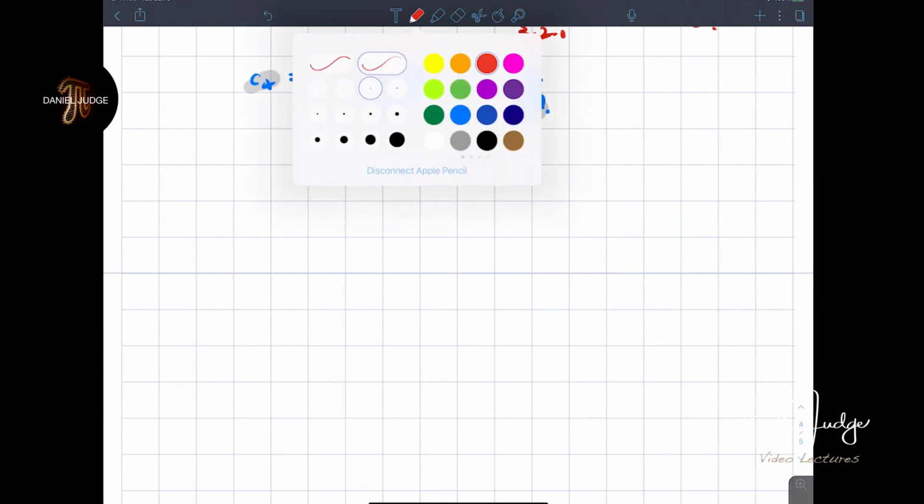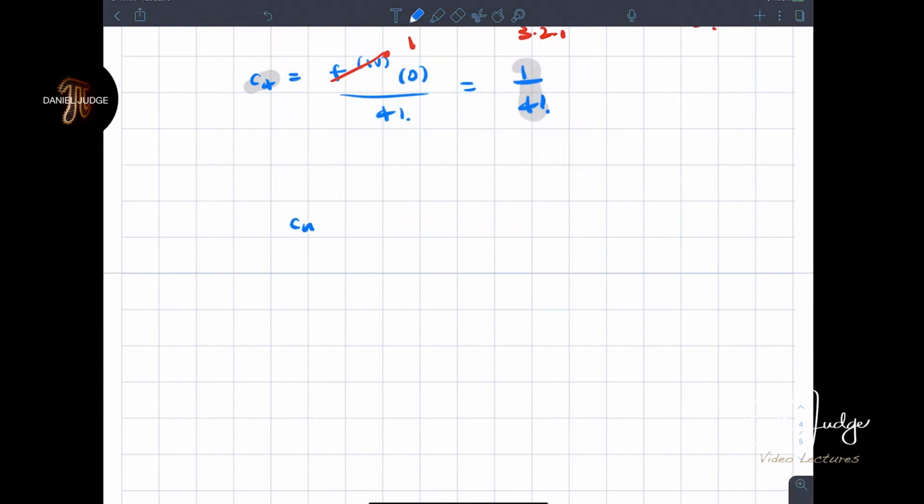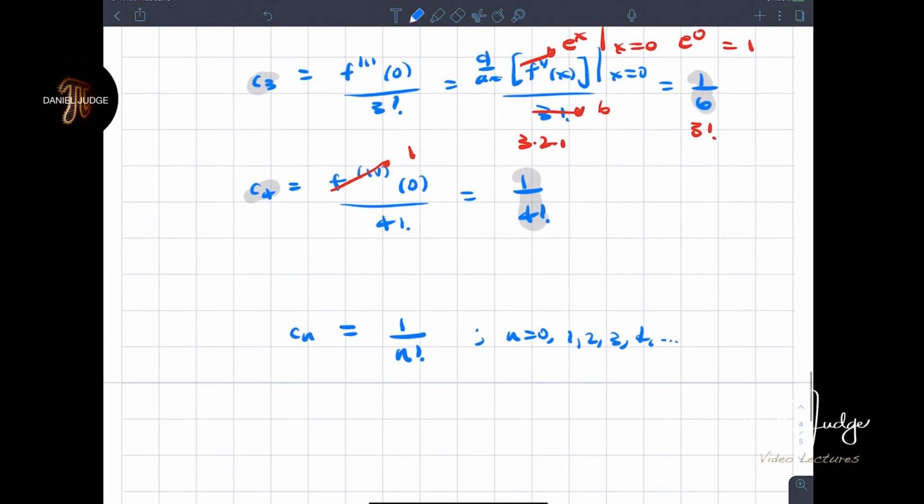So we can derive the statement that our constants in this case are going to be 1 over n factorial for all n. n is 0, 1, 2, 3, and 4, because that's what we were seeing here with this particular series. So here's my coefficient for this particular function.